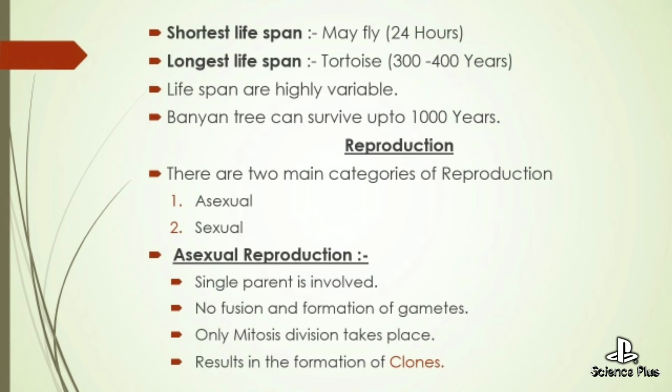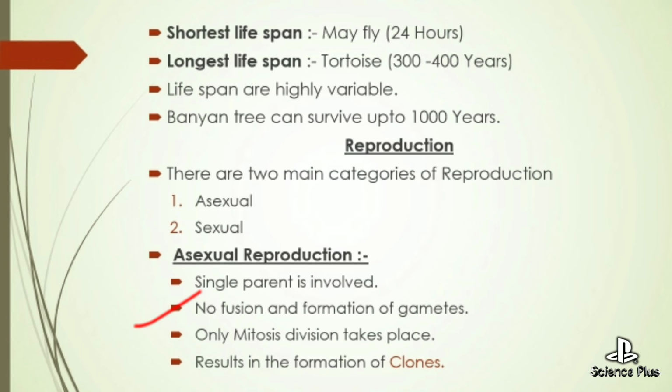Now we will come to our second topic, that is types of reproduction. There are two main categories of reproduction. One is asexual reproduction and second is sexual reproduction. Asexual reproduction means when the reproduction takes place with a single parent, that is only one parent is involved in this process. In asexual reproduction, there is no formation or fusion of gametes.